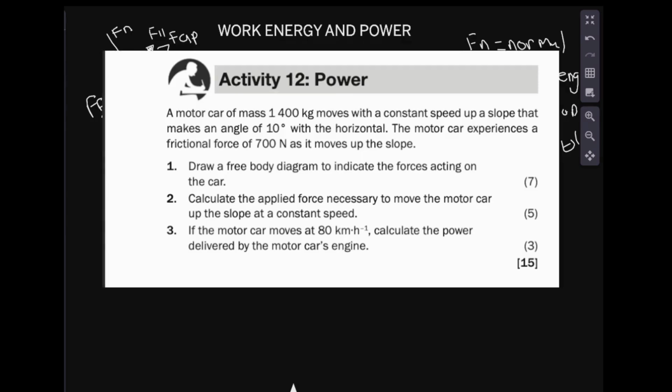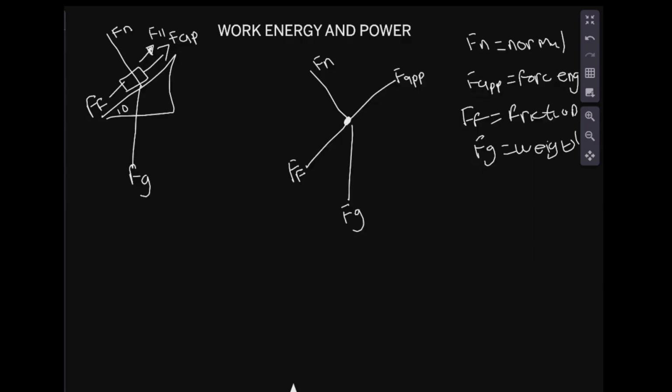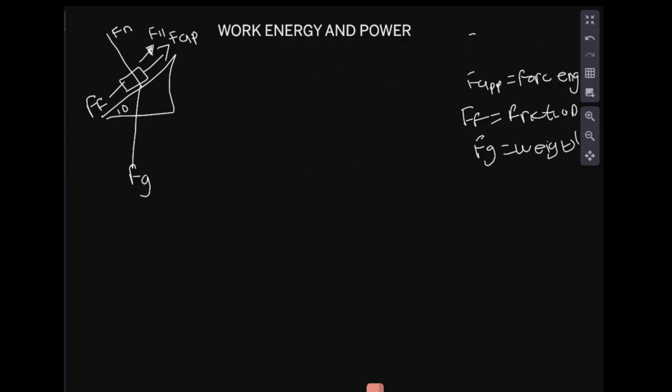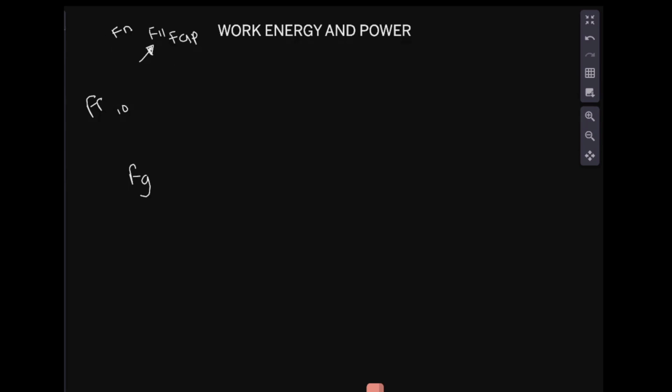Second question. Calculate the applied force necessary to move the car up the slope at a constant velocity. Now, when they say constant velocity, this means that there is no acceleration, correct? It is important for you to remember that constant speed means no acceleration.